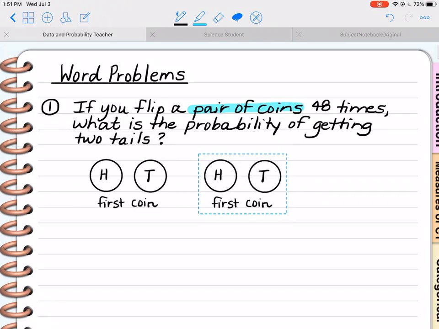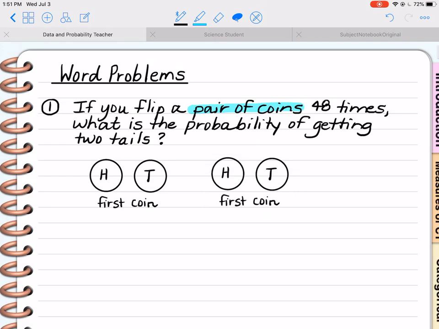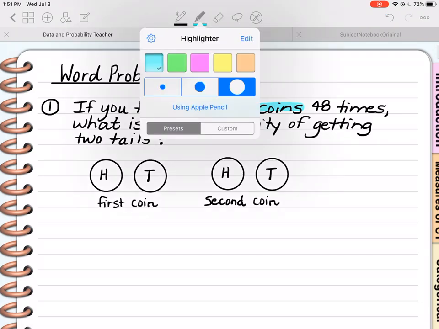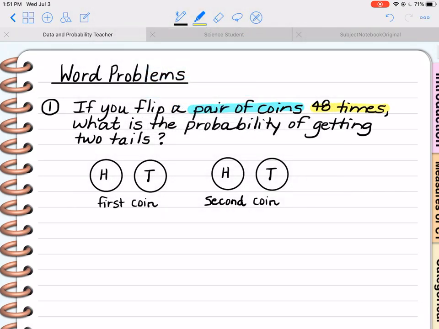There we go. And this is not the first coin. I know. I'm going to fix that. This is the second coin. So we're flipping them both at the same time. All right? And we're going to do it 48 times. That's important. And then here's the third piece that's so important. The probability of getting 2 tails.